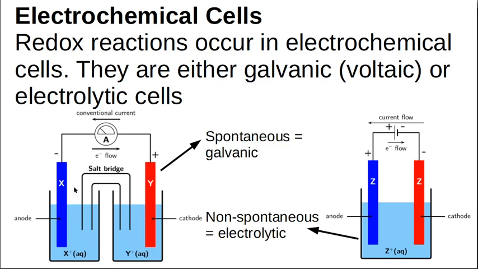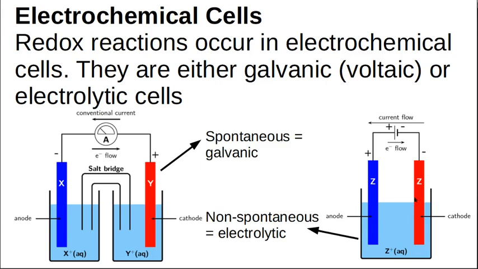So these happen spontaneously. The non-spontaneous kind are electrolytic cells, and you can see in here is a battery. And so when we're doing things with electricity, we use conventional current, but now we're going to look at the electron flow. So the negative terminal of the battery is going to be shunting electrons out to make this the negative terminal, okay? And then on the other side is the positive terminal.